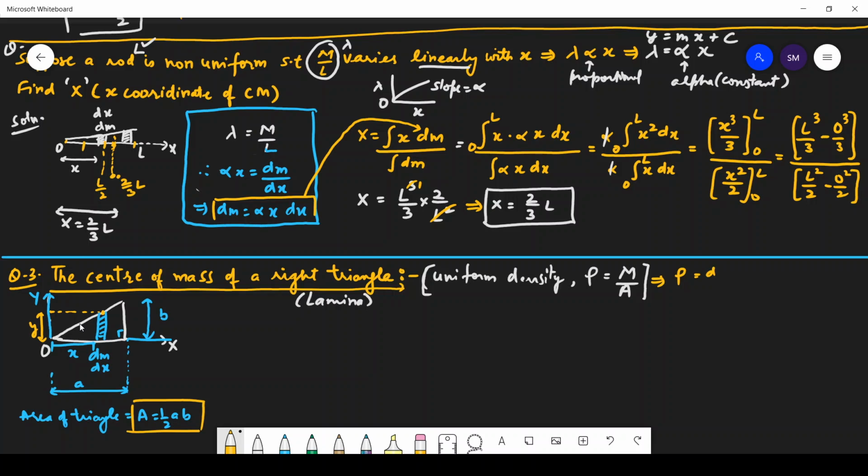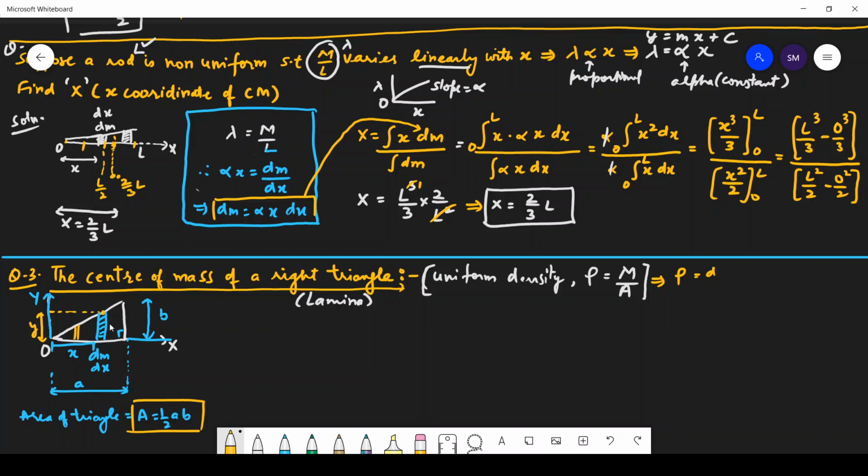So if you are taking this strip, then you take this length and this height. If you are taking the next strip, then you take this height and this length, right? This length and this height for this. Now y is of course the height of the hypotenuse here.